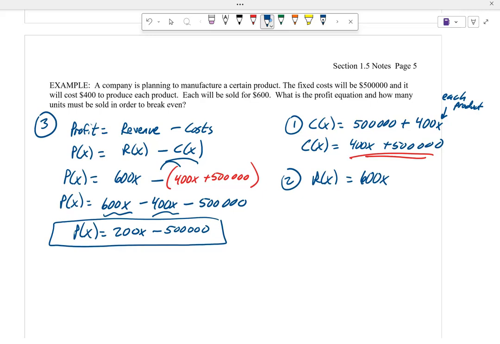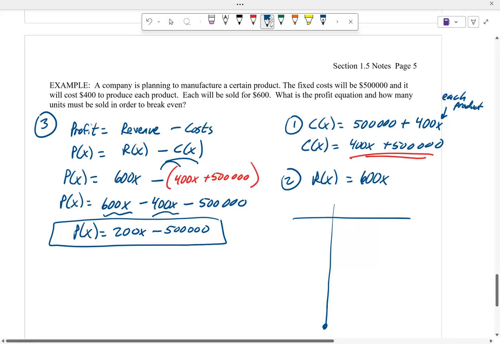Now, to break even, how many do we got to sell to break even? Well, you know what? Let's do a little picture of this. I'm way down here, negative 500,000, but I'm going up $200 per item, our slope, right?